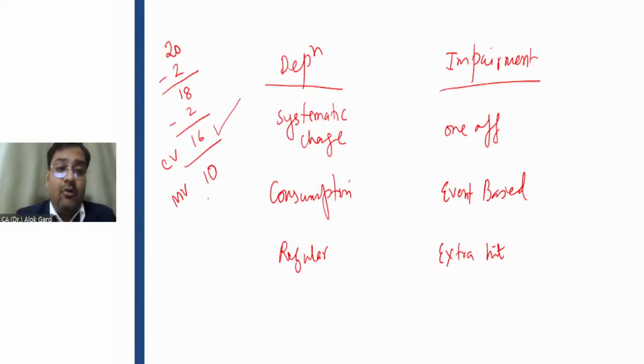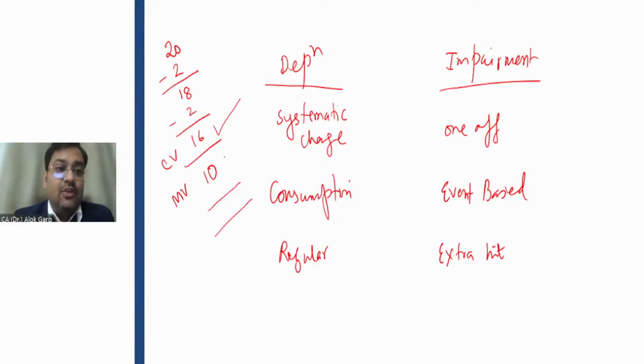which is the impairment loss, right? When will impairment loss come into the picture? Impairment loss will come into the picture when your fair value, which means your recoverable value, whatever you are going to recover, is lower than your carrying value.